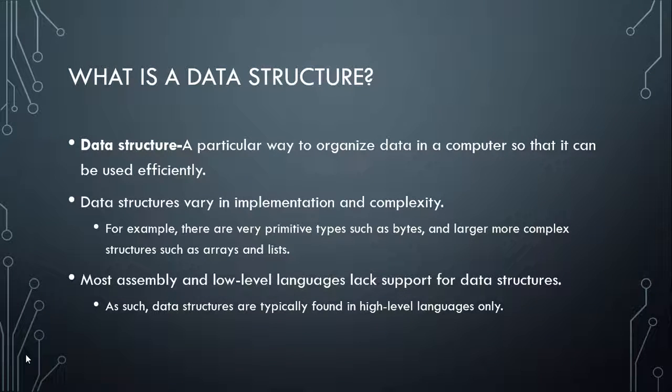Now, most assembly and low-level languages lack support for data structures. If you look at just binary or hexadecimal, there's no such thing as data structures. As such, data structures are typically found in higher level languages only, like object-oriented languages, for example.